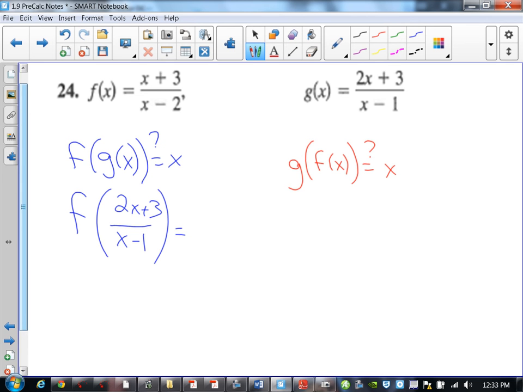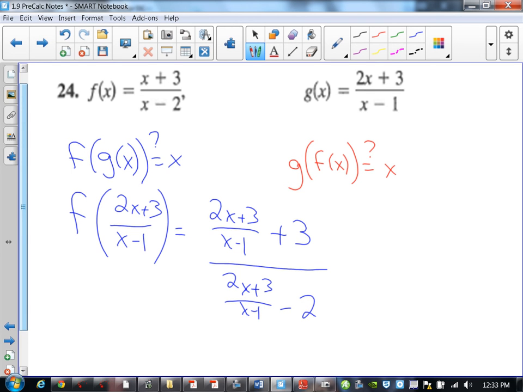So that gives me that. I took the values of x and replaced them with that second fraction, that g of x fraction, that 2x plus 3 over x minus 1.